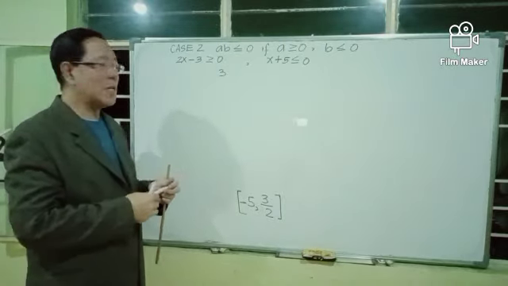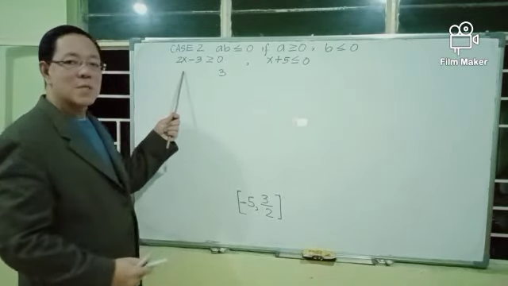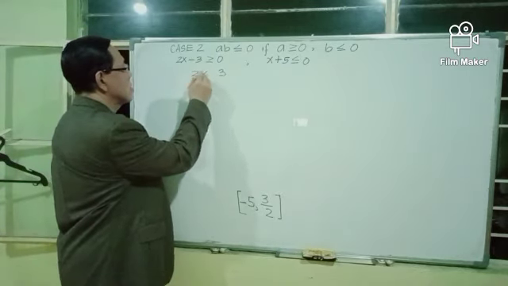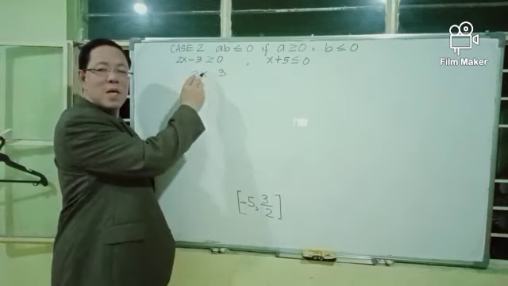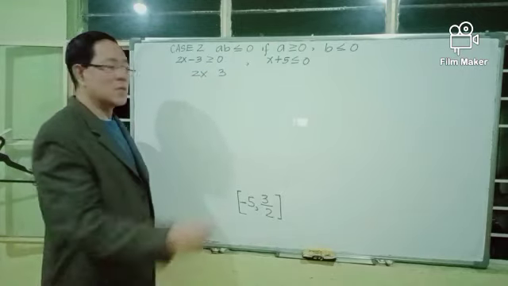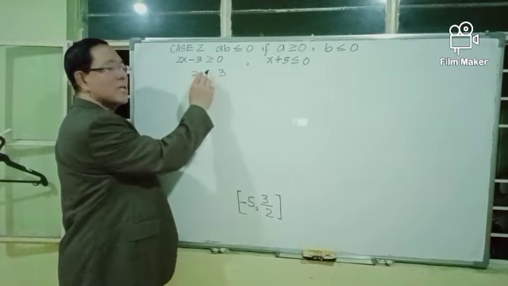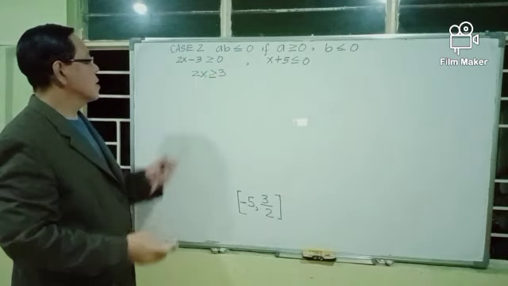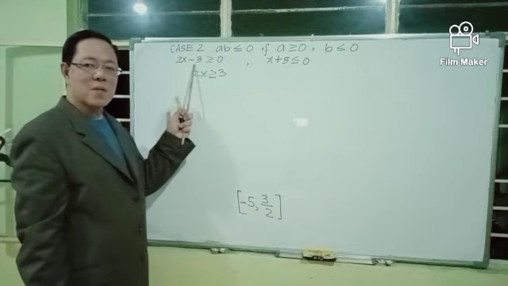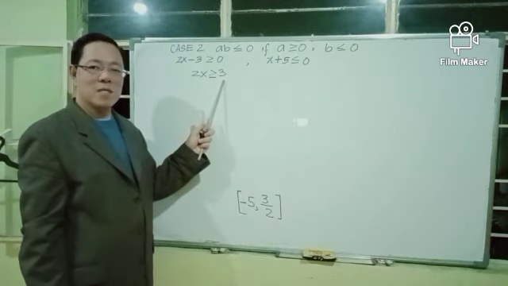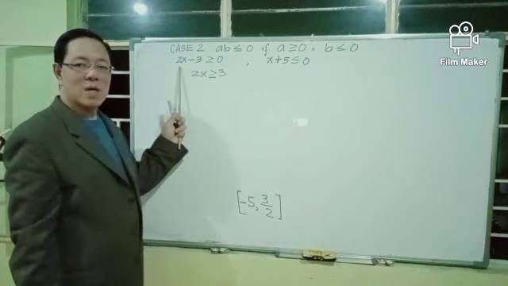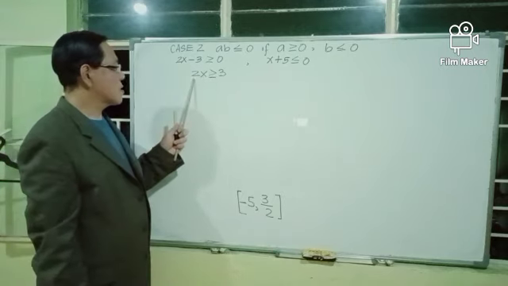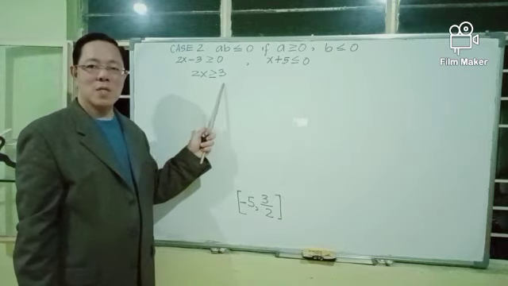At the left hand side, we are left with 2x, and the inequality sign remains true: 2x is greater than or equal to 3.